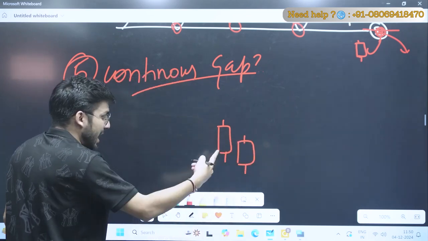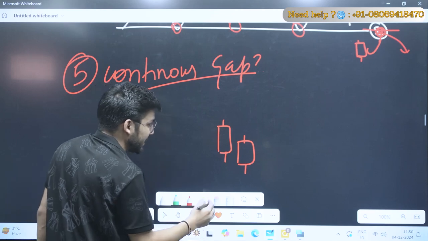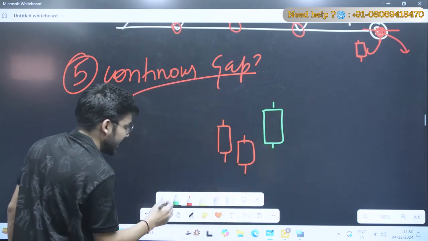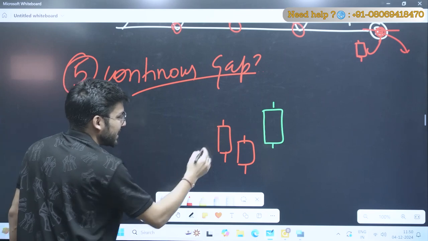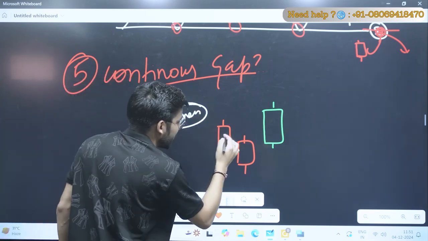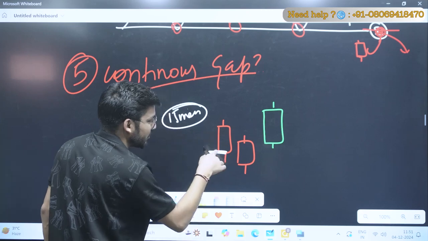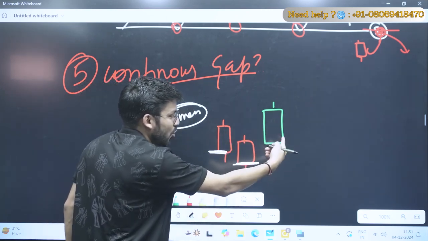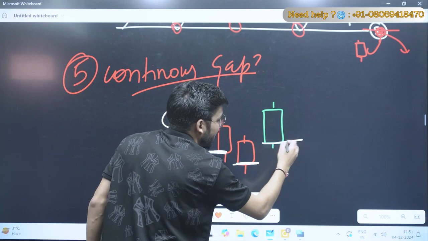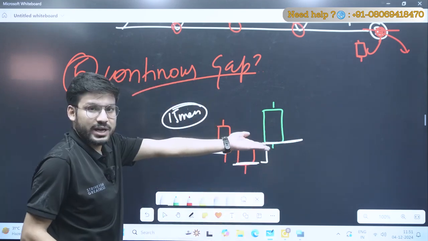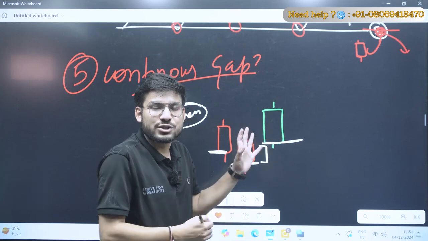Then the very next candle opened something like this. You can see it is an intraday market because I'm analyzing 15-minute candles here. The closing of this candle was here, the closing of the second candle was here, but the next candle opened here. So you can see there was a gap up in a running market.